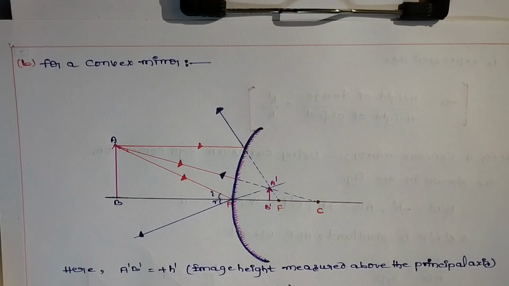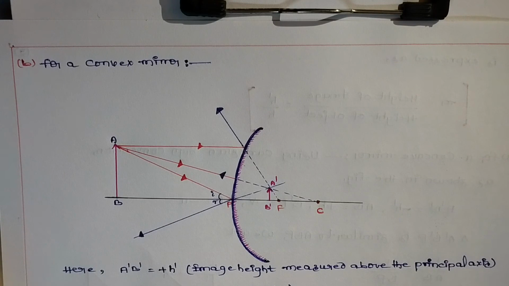And the value 2 shows that the size of the image is twice, 2 times larger than the size of the object.